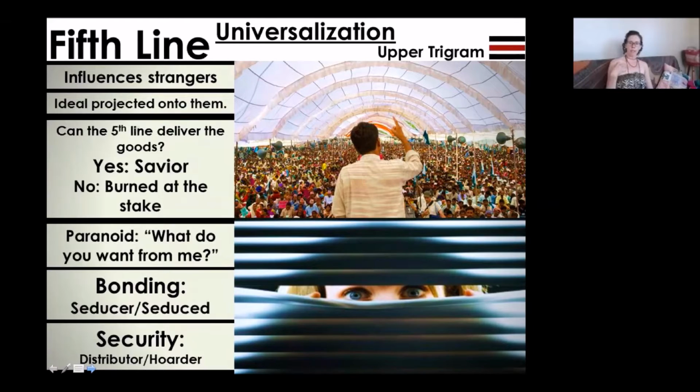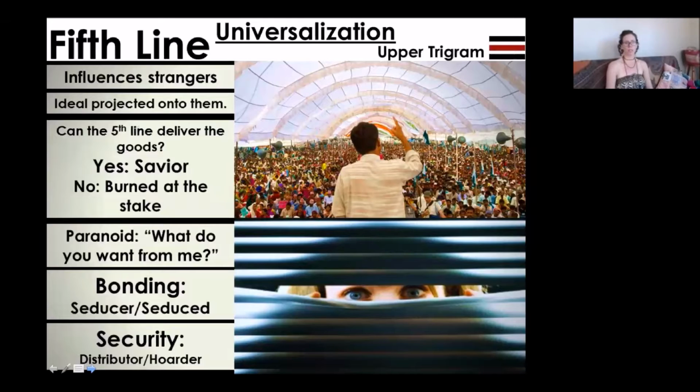The 5 is influencing in the realm of universalization. One of the key words for the 4 is externalization, like expression. The 5 is universalization, where they have a message to share that's of universal benefit, that's here to be shared and distributed in the widespread arena.